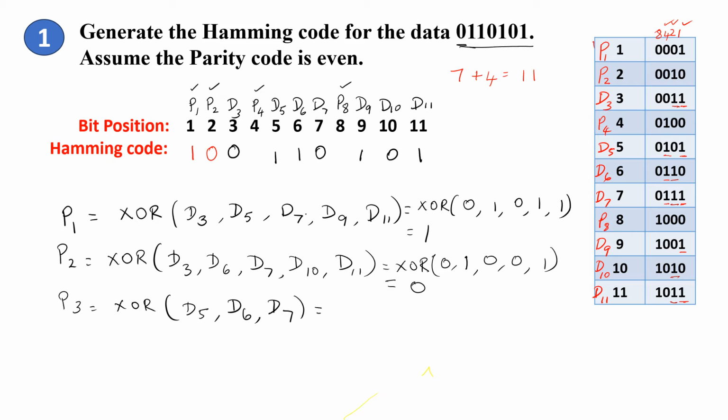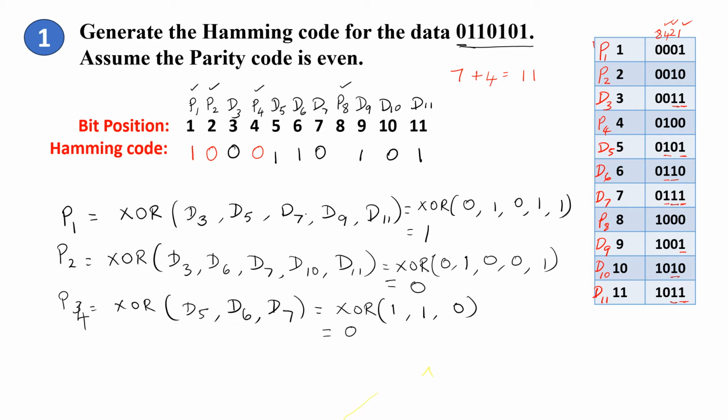So that is XOR of D5, D6 and D7. D5 is 1, D6 is 1 and D7 is 0. So an even number of 1s, so the output is 0. So P4 is 0.